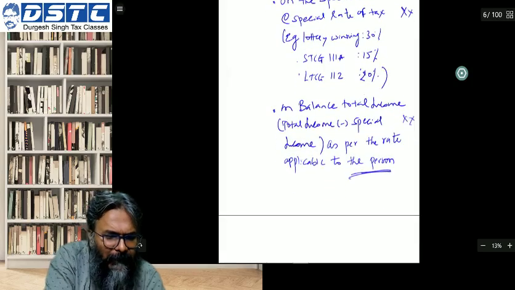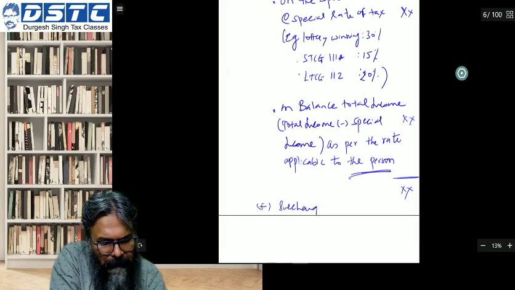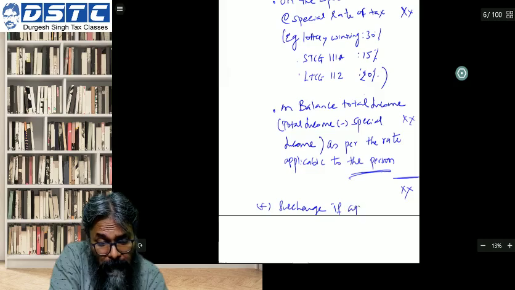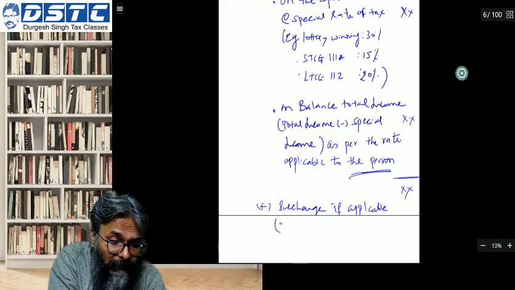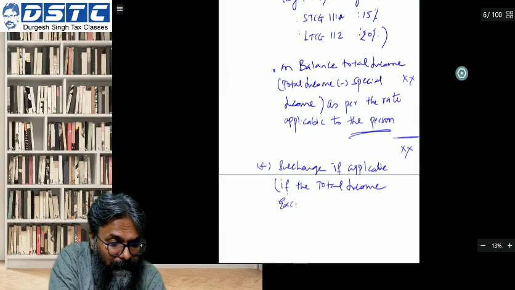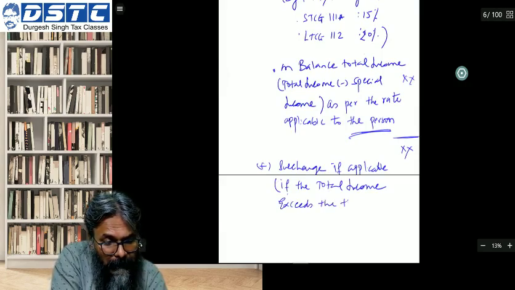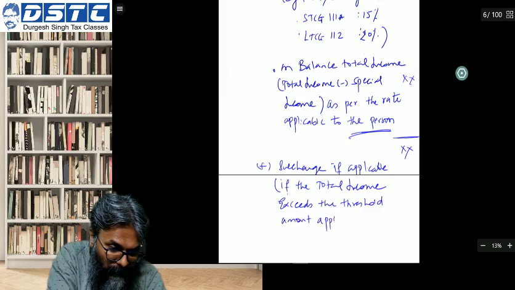Get that thing. Thereafter, take the subtotal. Then add surcharge, if applicable. That depends on whether the total income exceeds the threshold amount applicable to the person.